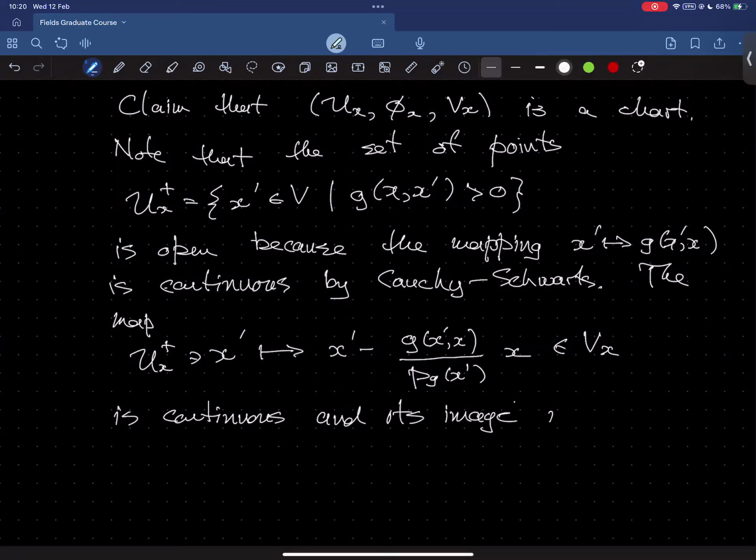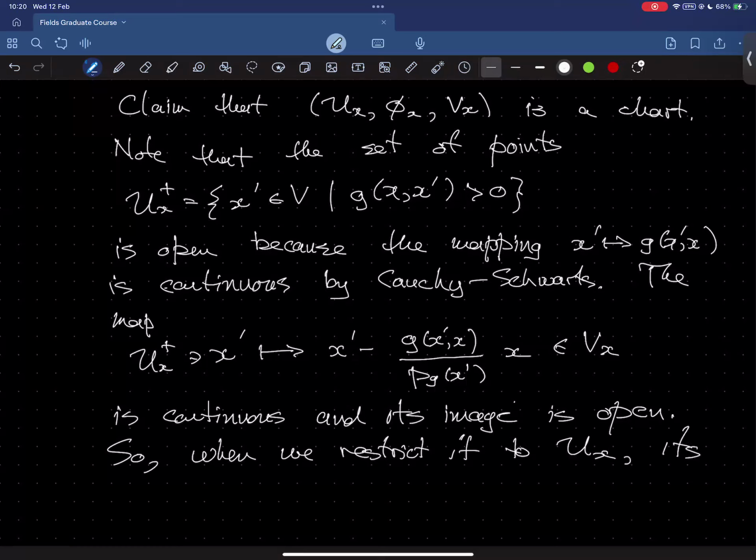In fact, its image is all of Vx. Okay. So when we restrict it to UX, its image will also be open.